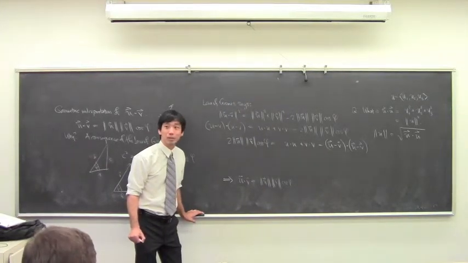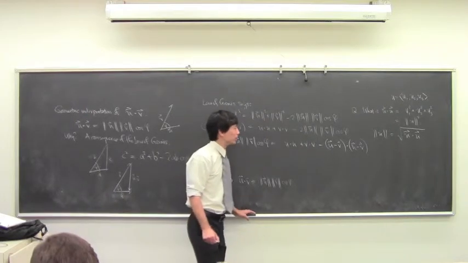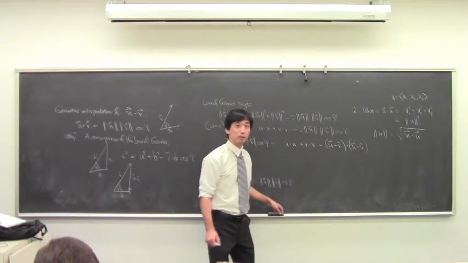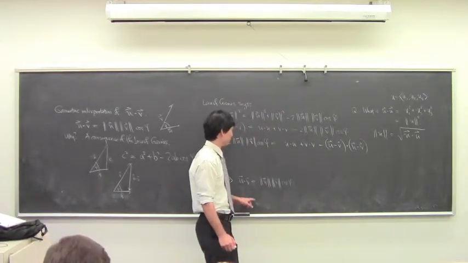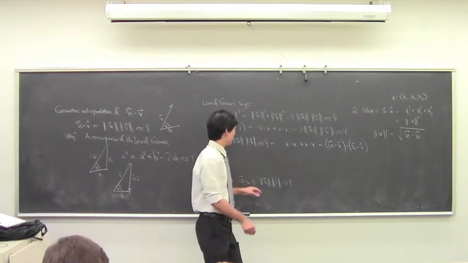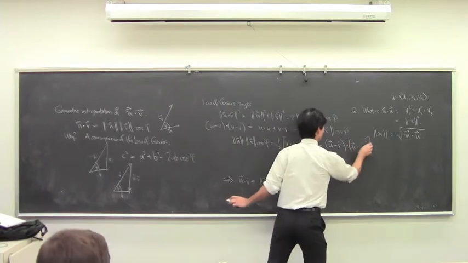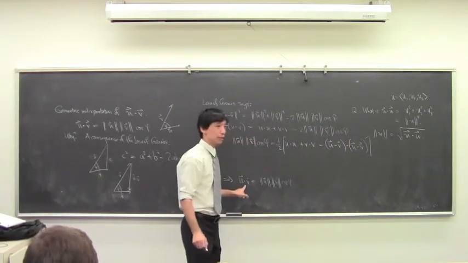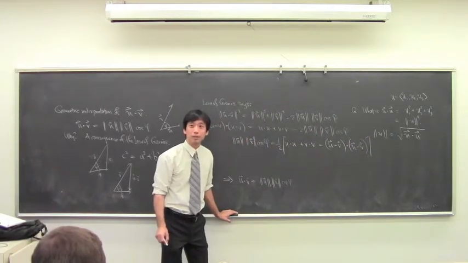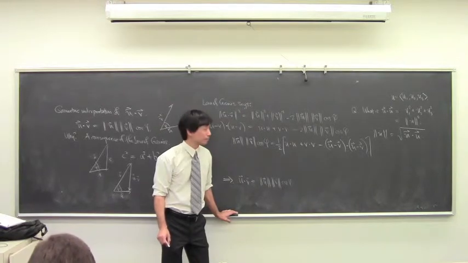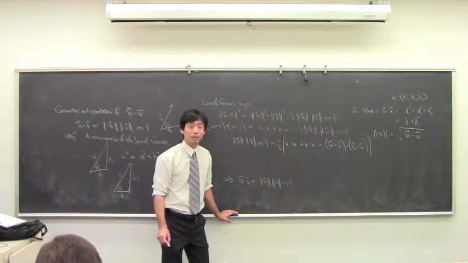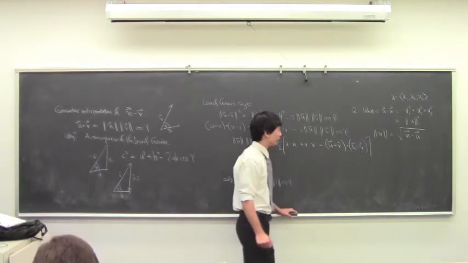Okay. Now, what should we do? We're hoping that this thing on the right is u dot v. Yeah, Peter. By our laws, we can FOIL it out. Exactly.